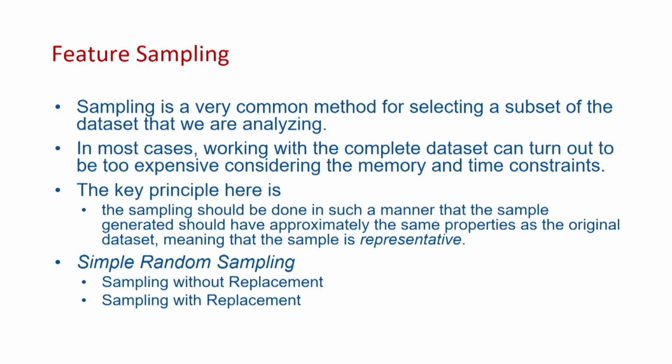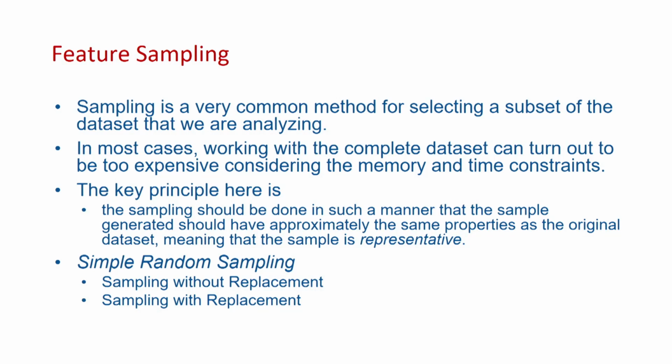Generally, if we have a large data set and we are not comfortable working on the whole data set, we do sampling, and then depending on the problem itself you will need to choose one of the sampling techniques. Even if we choose simple random sampling, you need to decide whether you are interested in sampling without replacement or sampling with replacement.